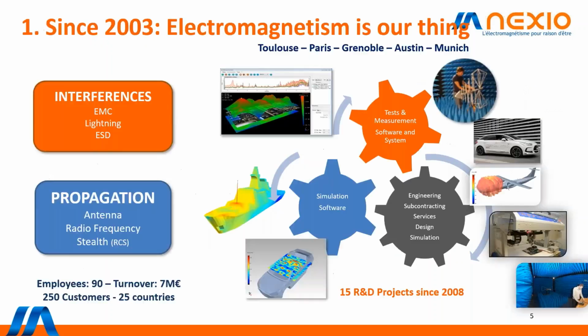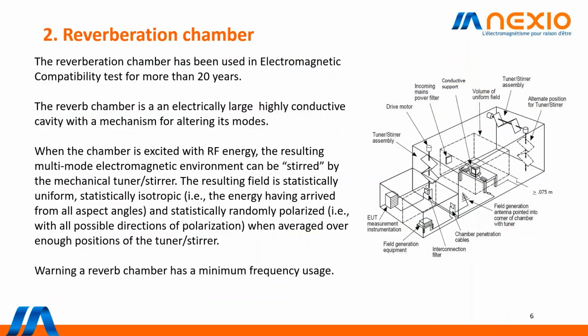So let's talk about reverberation chamber. The chamber has been used in EMC tests for more than 20 years. The reverb chamber is an electrically large, highly conductive cavity with a mechanism for altering its modes.